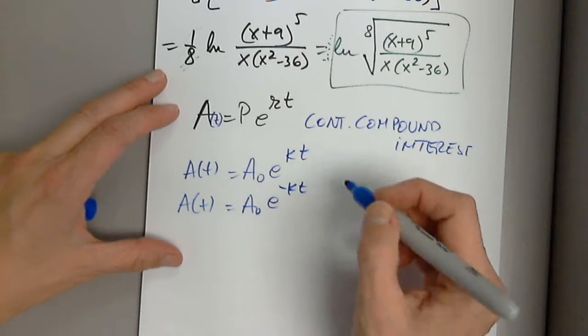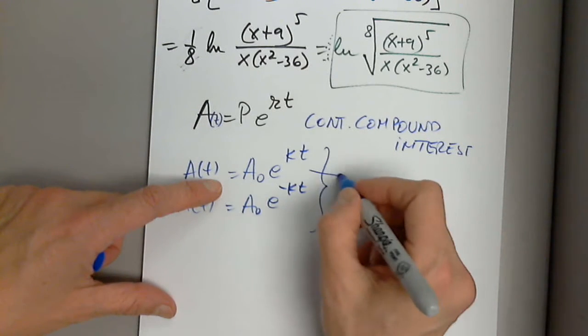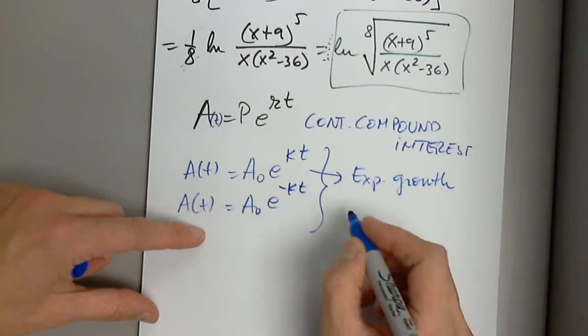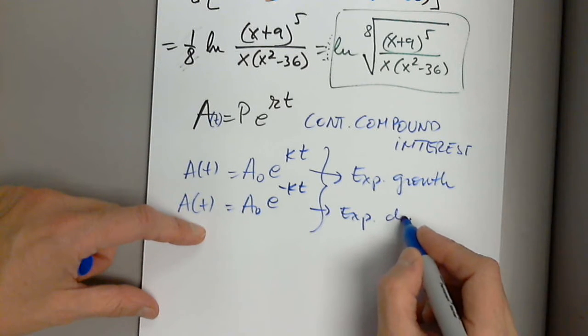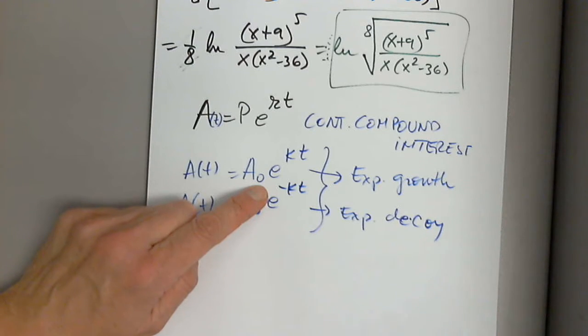So these two are the growth models. This one is exponential growth, and this one is exponential decay. The first one is for populations: birds, fish, bacteria. The second one is for radioactive substances. This one is increasing, that's why we call it growth.